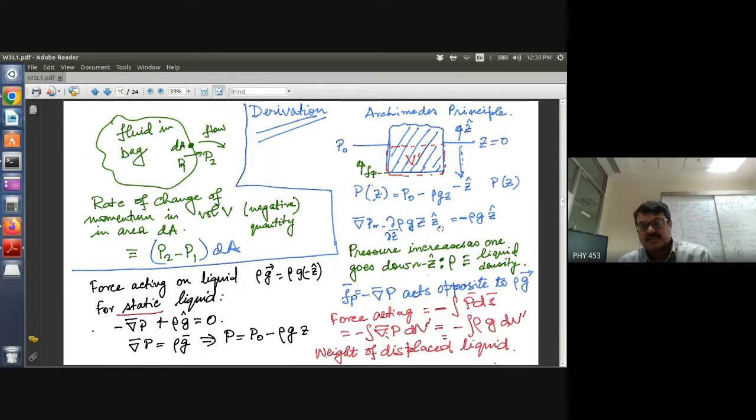So that's what is written here: pressure increases as one goes down in the negative Z direction.